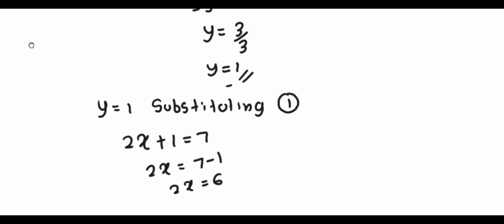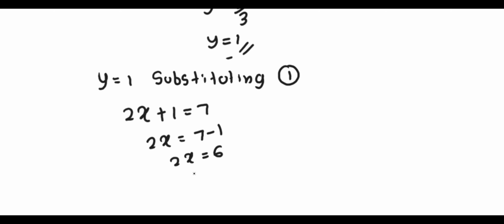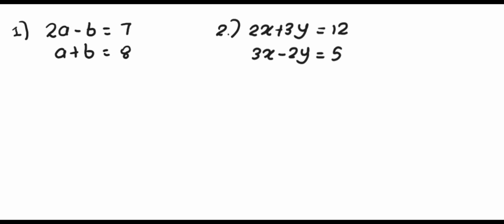So we divide 6 by 2, x equals 3. So now we got answers for both variables. So go through the video and practice the examples and try to answer these two questions.